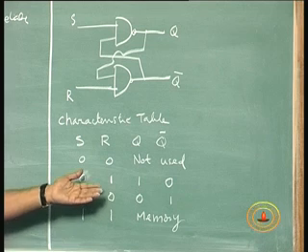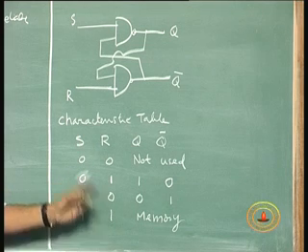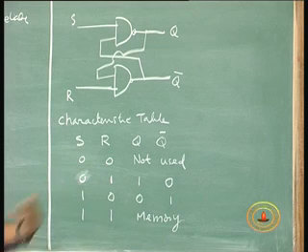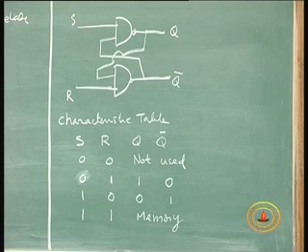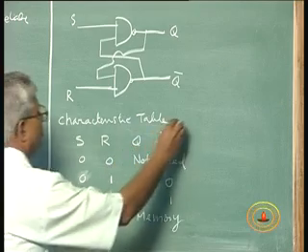When you want to retain it in the memory state, you make both the inputs 1, and 0 0 is not permitted for the same reason. After that, the next operation is unreliable. And this is an SR latch also.